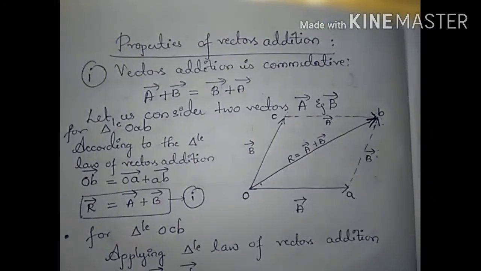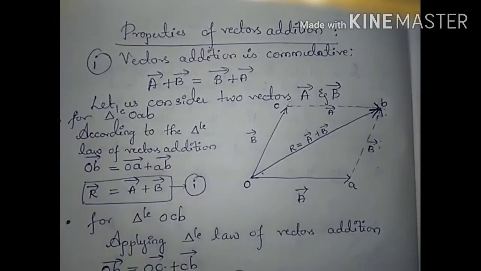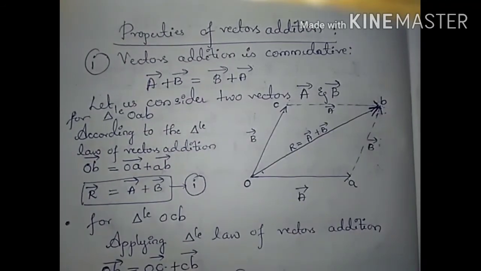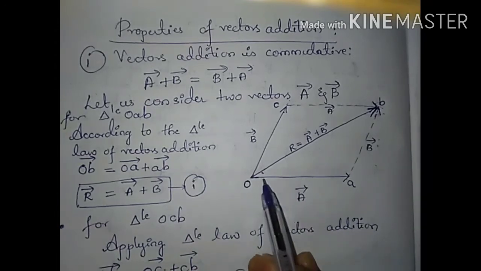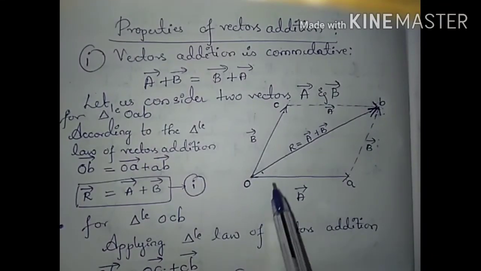So what we have done, so there are basically three properties of vectors addition. In that, first we have considered the commutative law. To understand commutative law, we have considered two vectors, vector A and vector B. So these two vectors are drawn to the sides of the parallelogram.